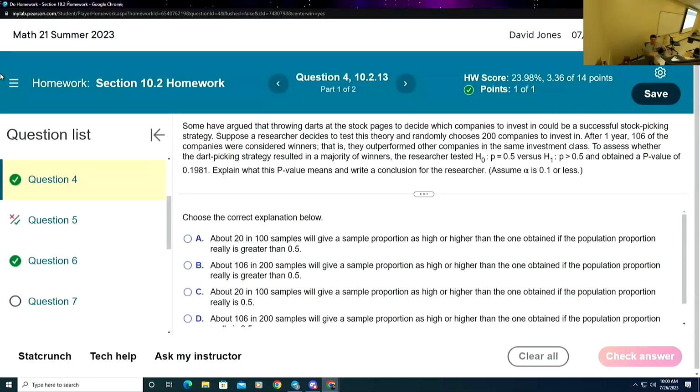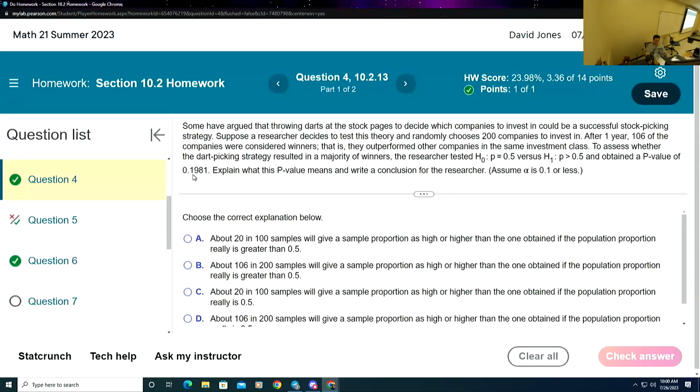To assess whether the dart picking strategy resulted in a majority of winners, the researcher tested H0: P equals 0.5 versus H1: P greater than 0.5 and obtained a p-value of 0.1981. Explain what this p-value means and write a conclusion for the researcher, assuming alpha is 0.1.